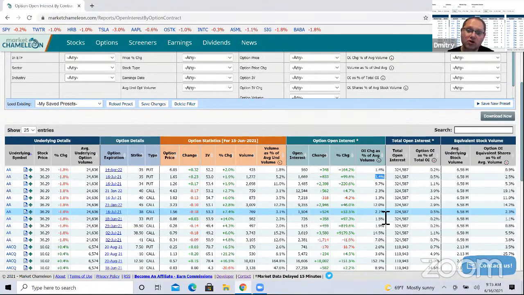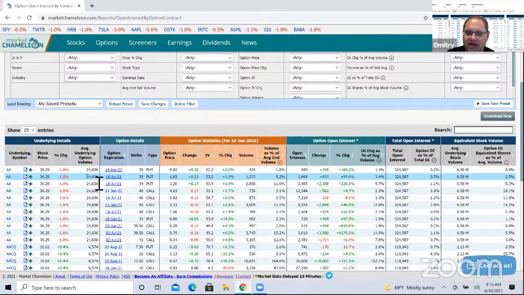But if we saw a very large one, like if on average the option volume is 24,000, and all of a sudden on one line the open interest increased by, let's say, 50,000, well, that alone represents two times the average daily option volume in all the strikes.